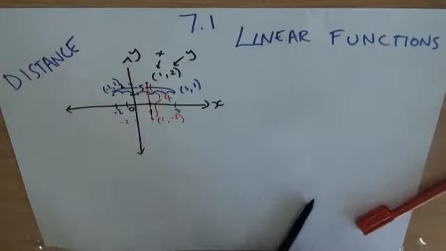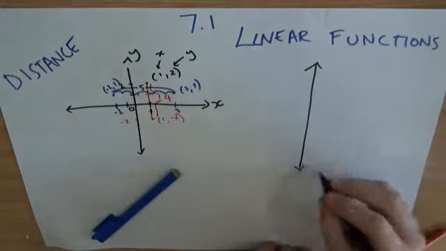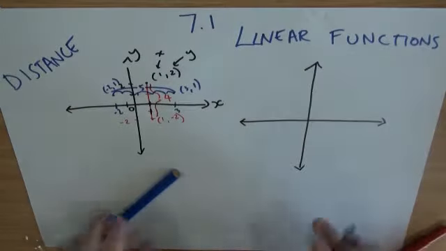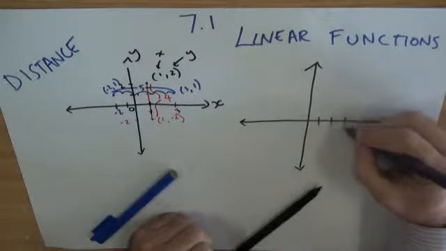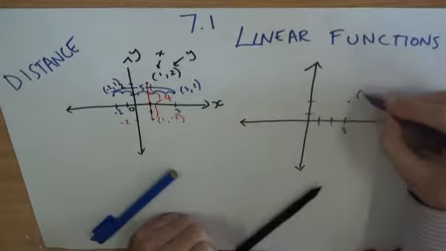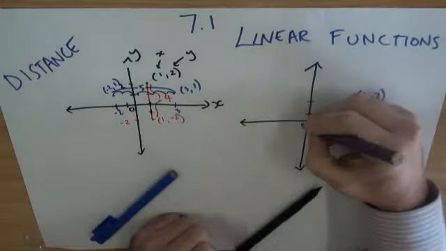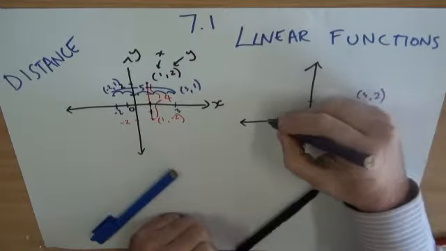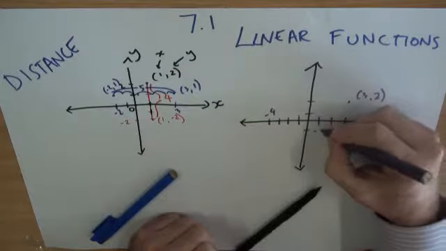However, what happens if we get 2 points that are not on the same line? They're going to be on a diagonal line. Perhaps we get something like x equals 1, 2, 3, y equals 1, 2, and then a second point, maybe x equals minus 1, 2, 3, 4, y equals minus 1.